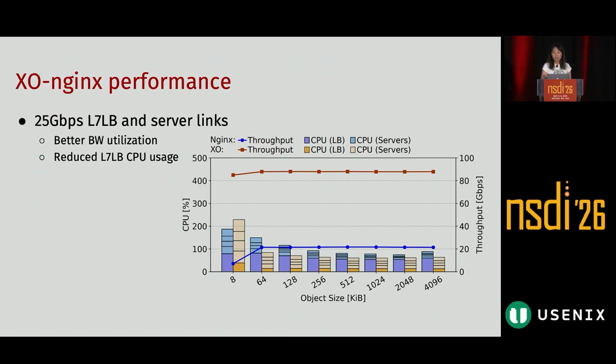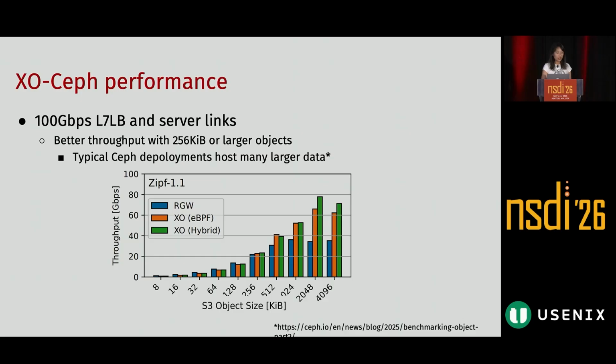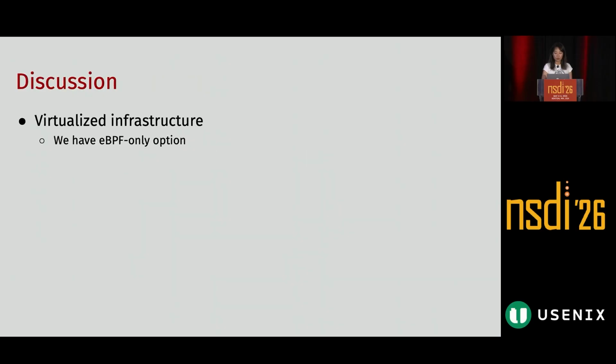We see higher CPU usage at the servers than vanilla nginx. This is simply because they are sending data at higher throughput. Here is Ceph throughput and CPU utilization. It also achieves better performance with XO.